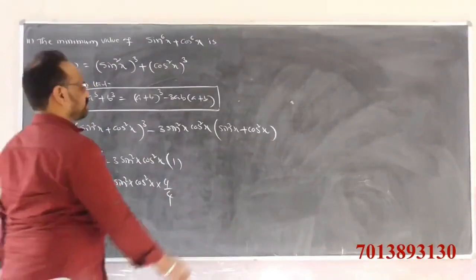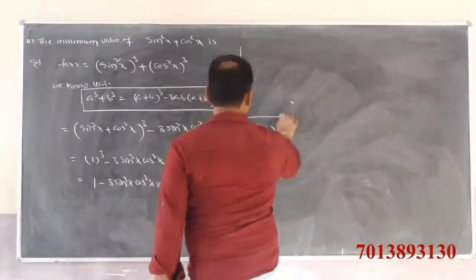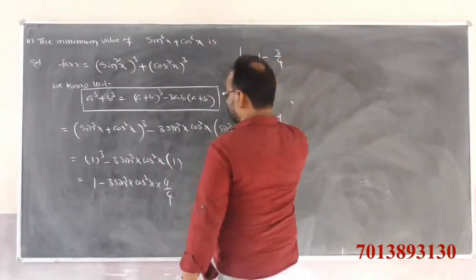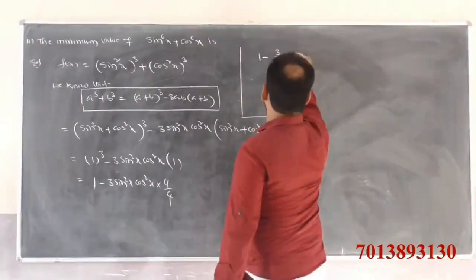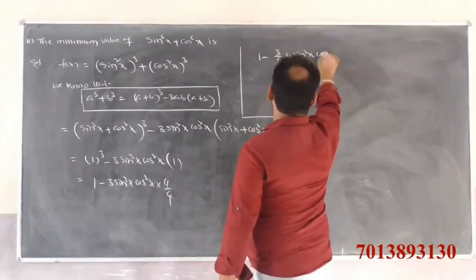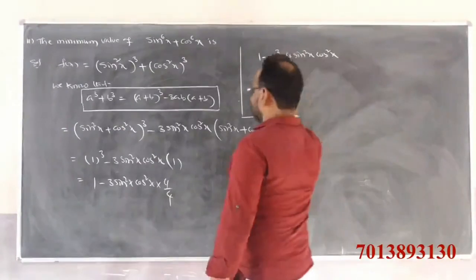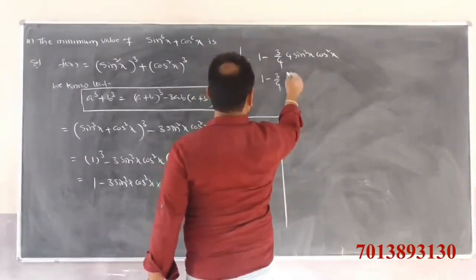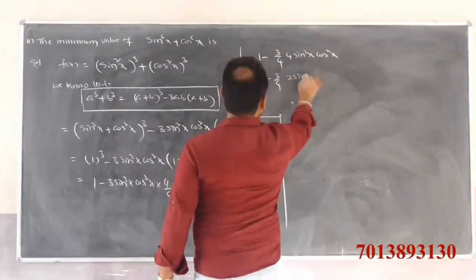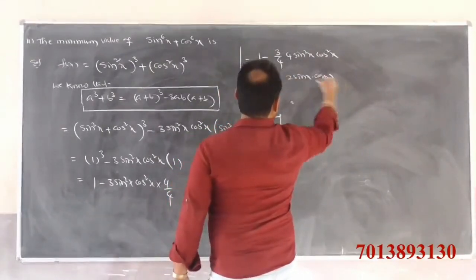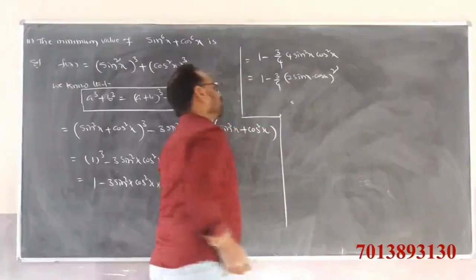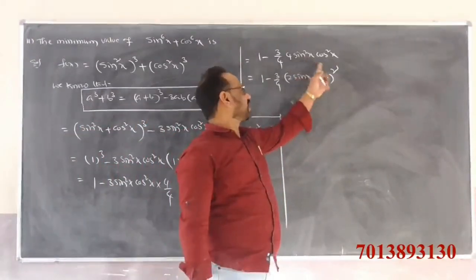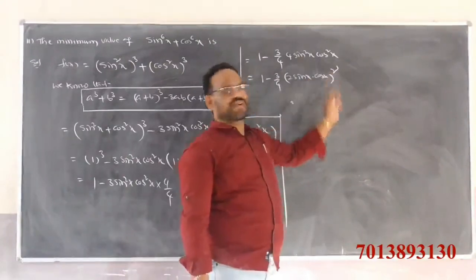This can be written as 1 minus 3 by 4 into 4 sin square x cos square x. That is equal to 1 minus 3 by 4 into 2 sin x cos x whole square, that is 2 square means 4, sin x whole square means sin square x, cos x whole square means cos square x.